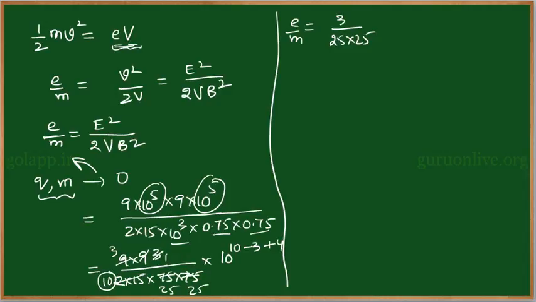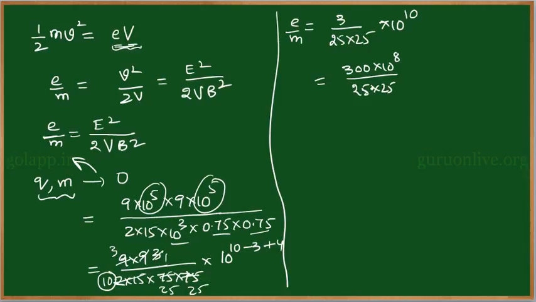If it goes to numerator, it will become minus 1, so I can write another minus 1 here. So you will get 10 to the power of 10, that is equal to, so I am writing 300 into 10 to the power of 8 divided by 25 into 25.